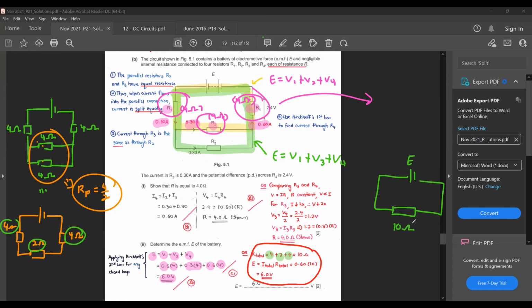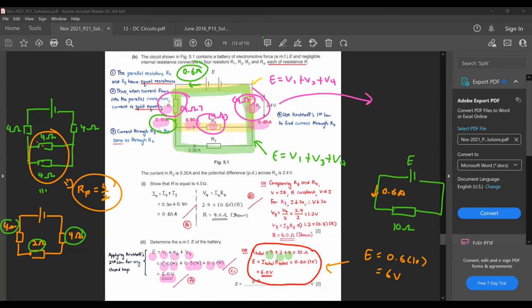And I know the total current will be 0.6, because from this part here you can see that whatever came out of my battery was 0.6 amps before splitting up and joining back. So the current is 0.6 amp. Here I can say that E is equal to 0.6 times 10, giving me 6 volts. It also works, just that it's a bit more tedious.